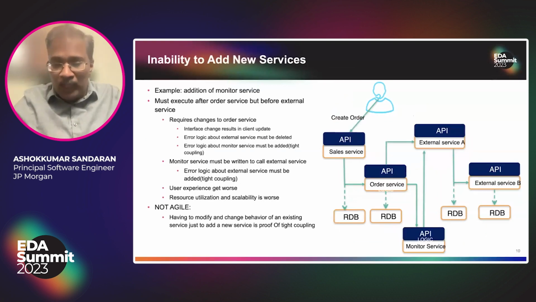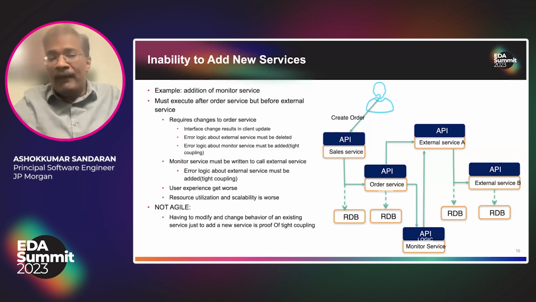Now the third problem is very typical these days. In the industry, they want to make sure the data flow is being monitored by an analytics service, a monitoring service, and some kind of dashboard service.